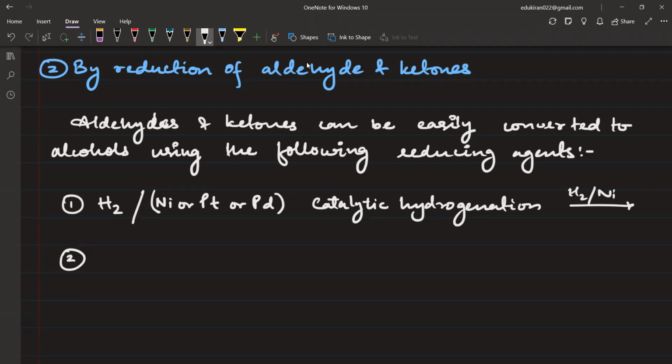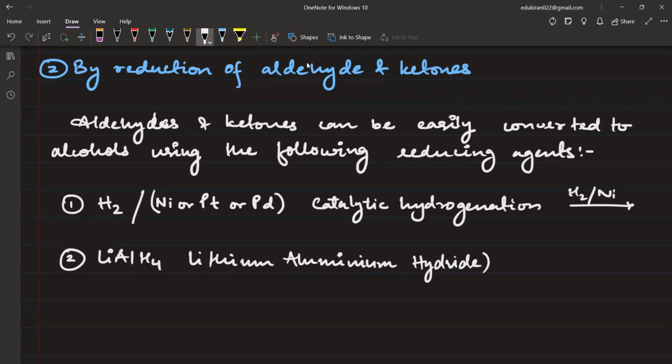Next one is lithium aluminum hydride, LiAlH4. Third is NaBH4, sodium borohydride.